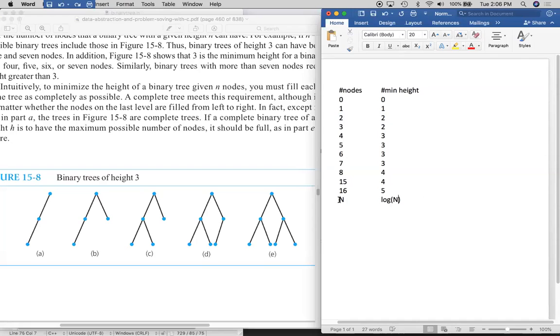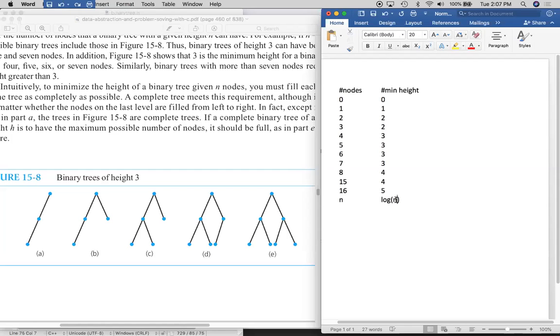And don't ask me why I'm using uppercase all of a sudden. Okay, now this is approximate, right? It's actually going to be log to the base 2 of n, what do I want to say here?